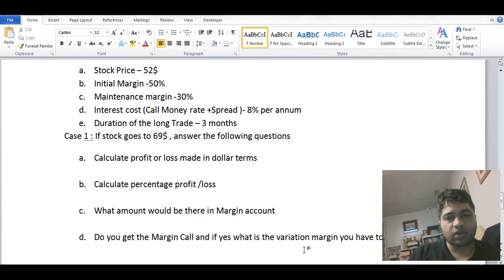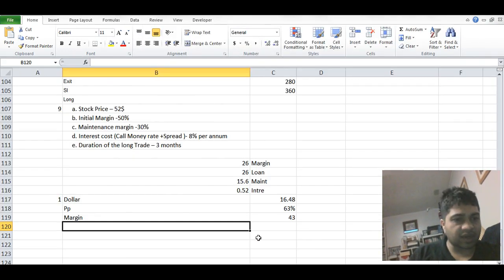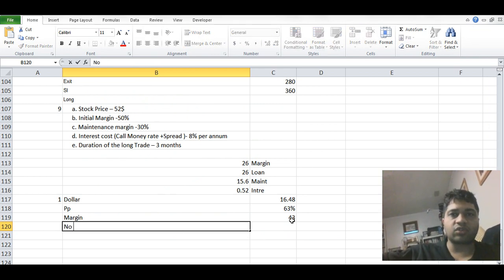Do you get a margin call? If yes, what is the variation margin? Maintenance margin is $15. You have $43 in your account. So no. If your margin account goes below maintenance margin, only then you get a margin call. So no, you do not get a margin call.